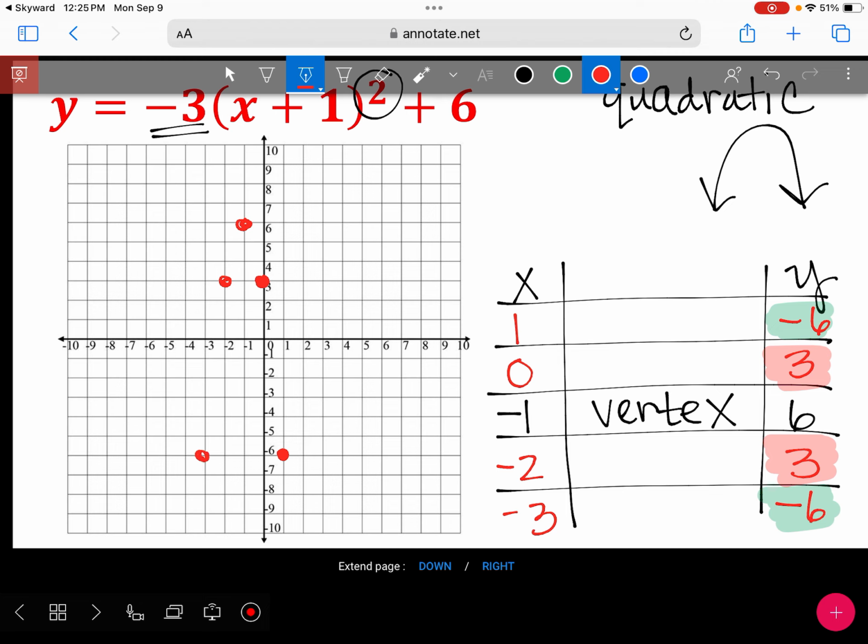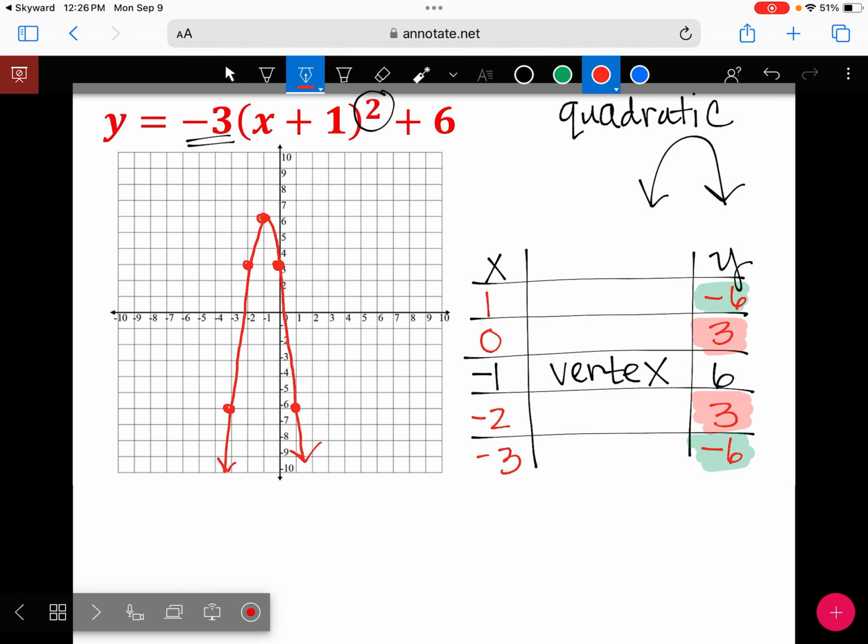Because the A value is negative, it's a frown, and it's really skinny. It's vertically stretched. And then the last thing, our domain is all real numbers.